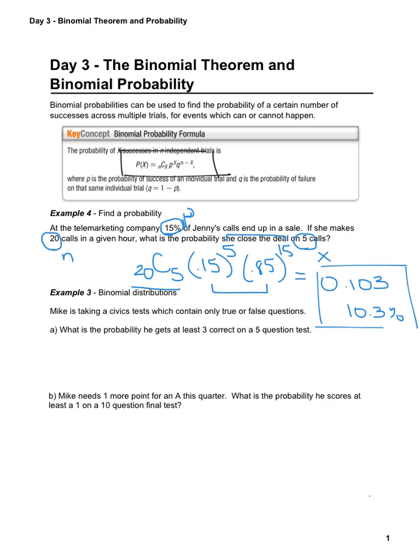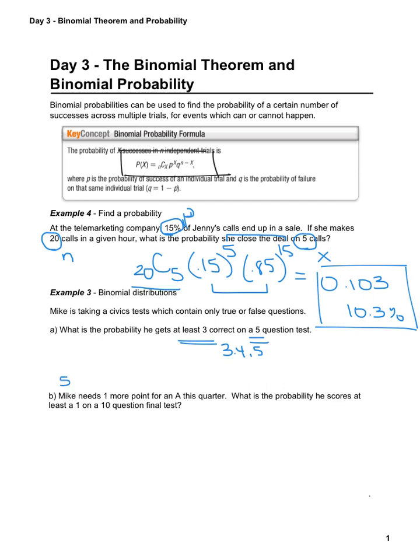All right, let's dive into the next one. What's the probability he gets at least 3 correct on a 5-question test? We're looking at a true-false situation. In a situation like this, at least 3 means 3, 4, or 5. So I need to account for all of those situations, and like we did before, add them together.